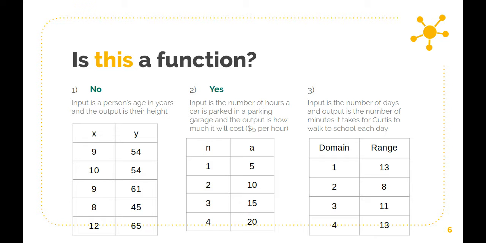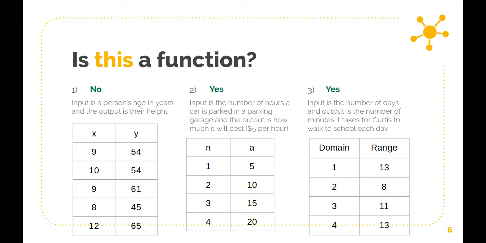And then the third example is the input is the number of days and the output is the number of minutes it takes Curtis to walk to school each day. And I said yes, this is a function, because if you're counting the number of days he's walking, it takes him 13 minutes to walk to school on the first day.